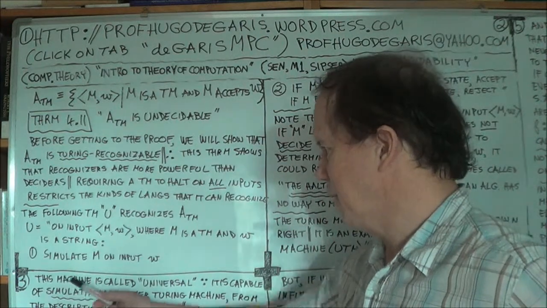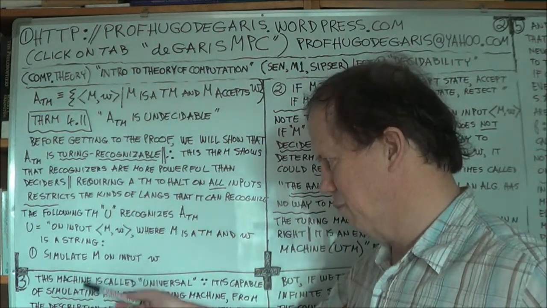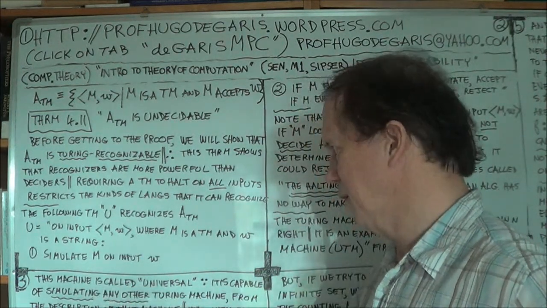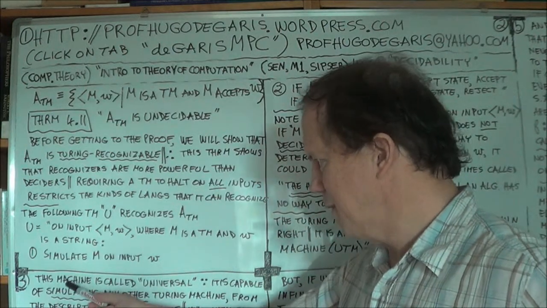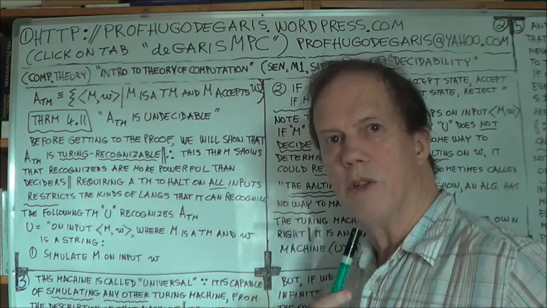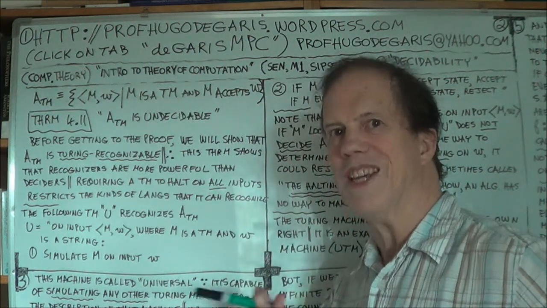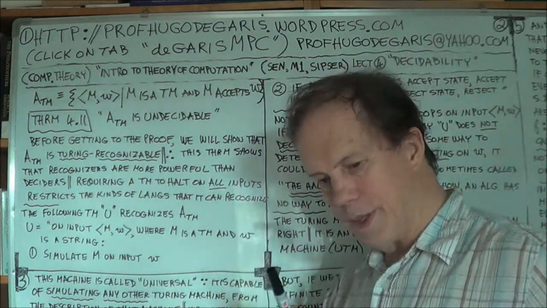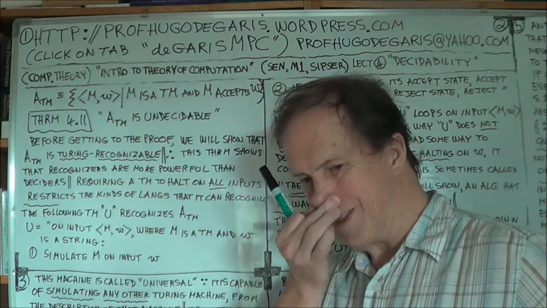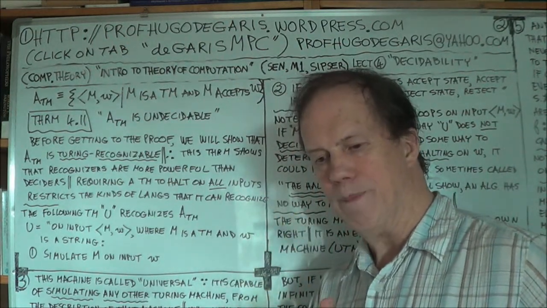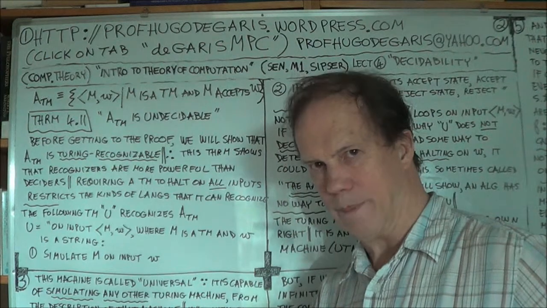The reason why U is called a universal Turing machine is because it's capable of simulating any other Turing machine.